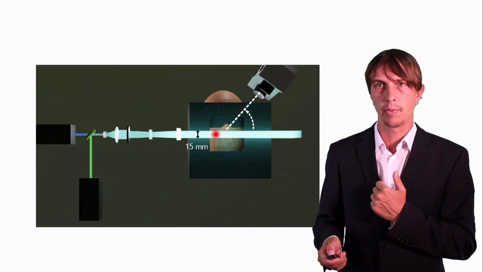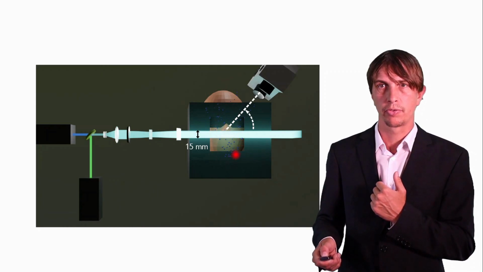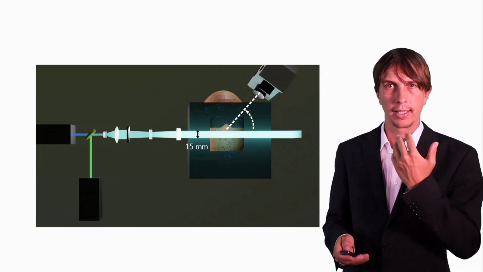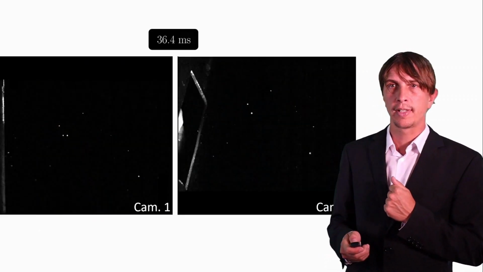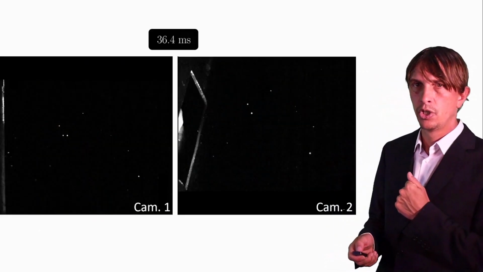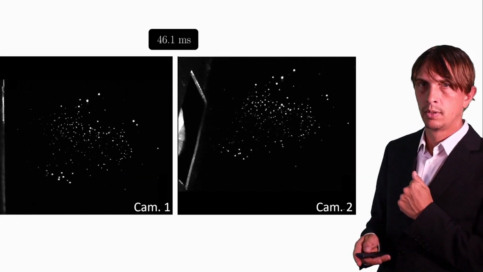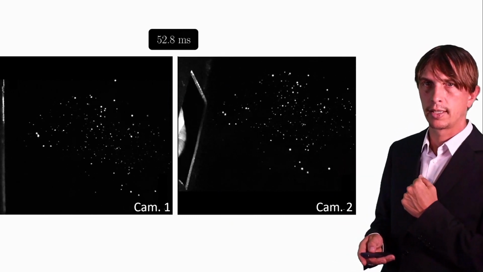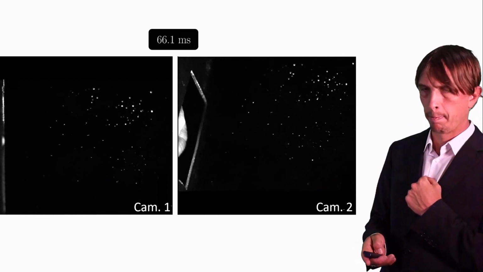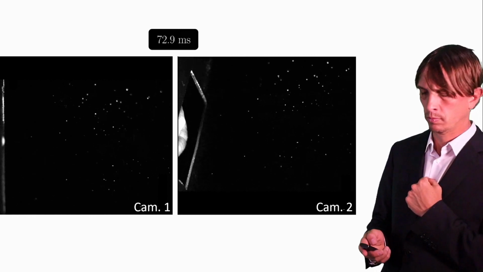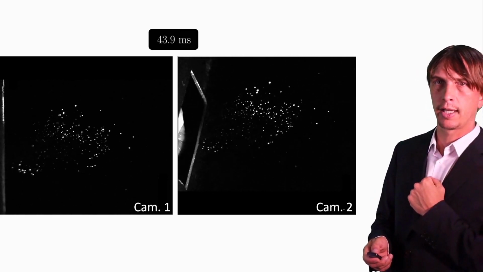So basically, we're not detecting all the droplets in comparison to the other configuration, but the ones we are detecting, we can track. So these are examples of the results shown on camera 1 and camera 2. And we have a high contrast detection of the droplets. Have a look again.